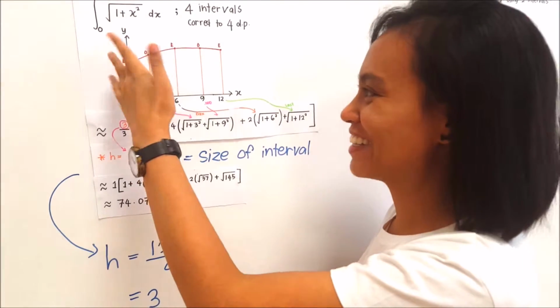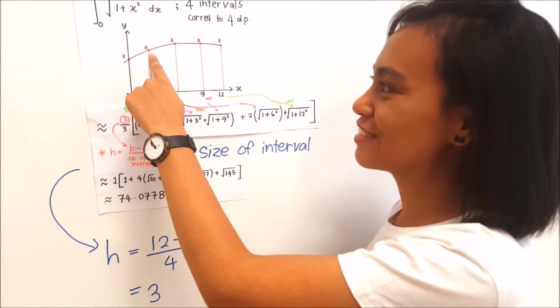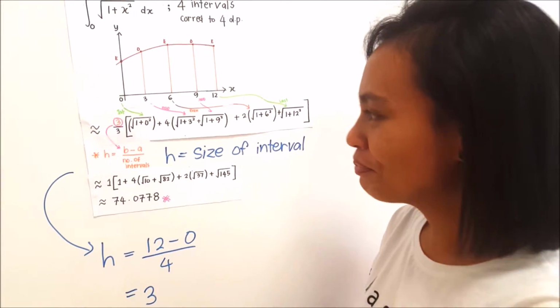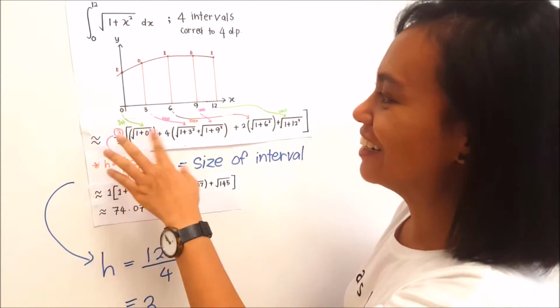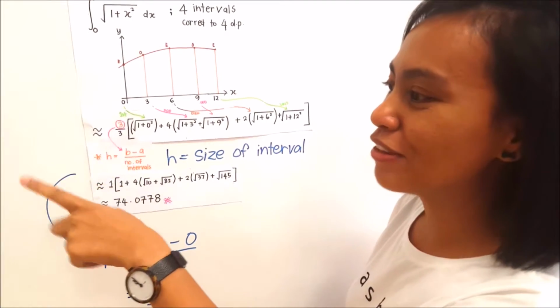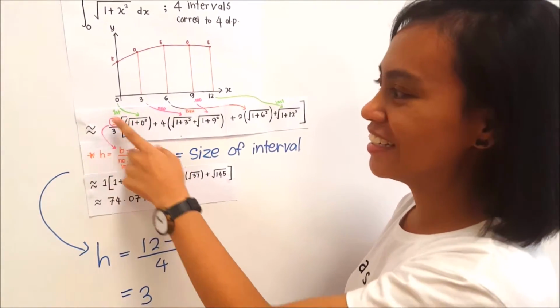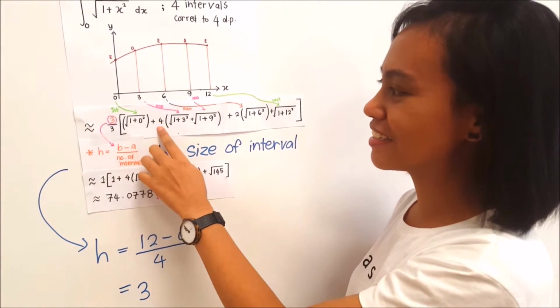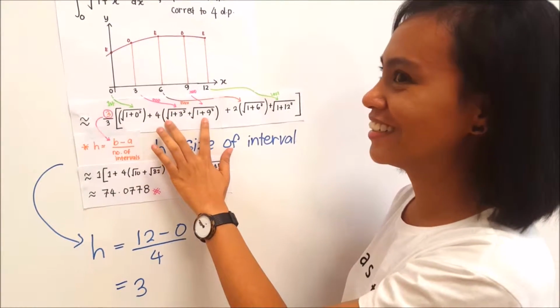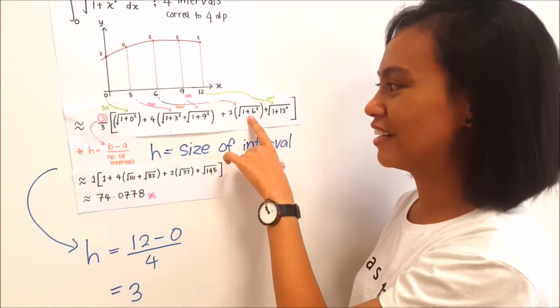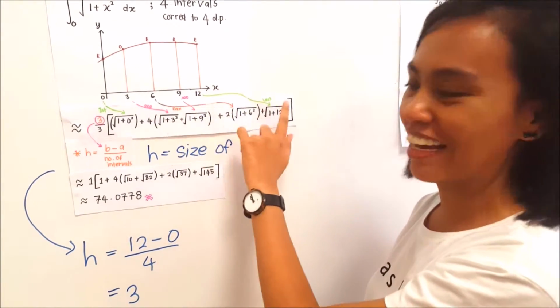The first y is even, then odd, even, odd, and the last one is even. After that, you sub in with the formula, which is 3 over 3. Then this is the first, this is 4 times the sum of the odd, 2 times the sum of the even, and this is the last.